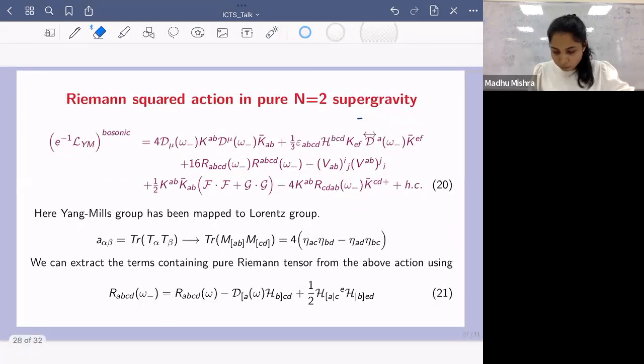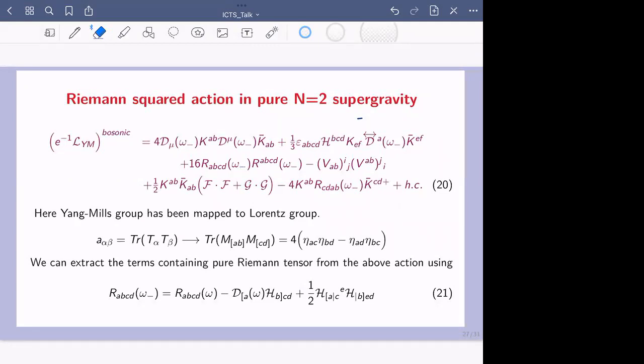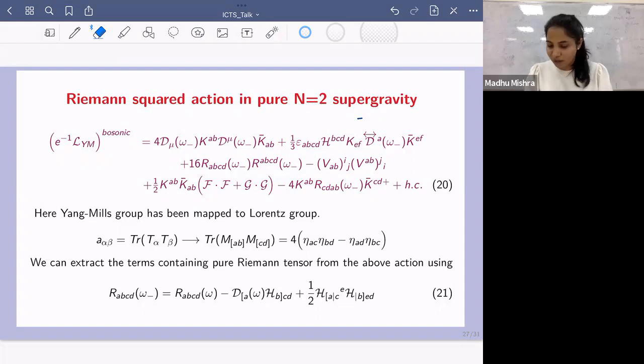Okay, if not, just to recap: in the component notation, will this be identical to what you get from the standard Weyl multiplet? No, actually not. There are a few terms which are not there in the standard Weyl multiplet, which we will have here.